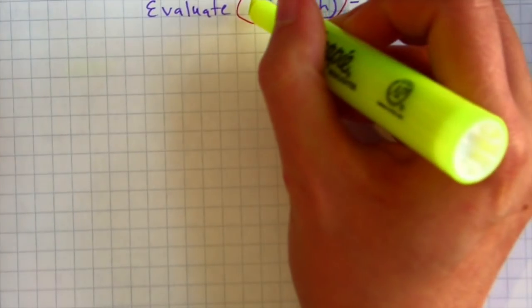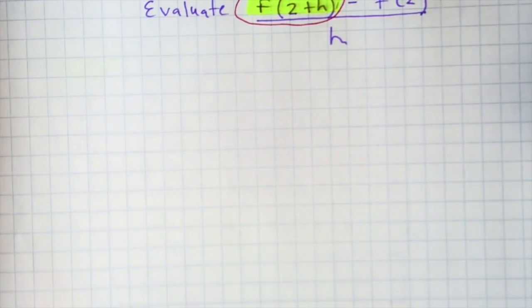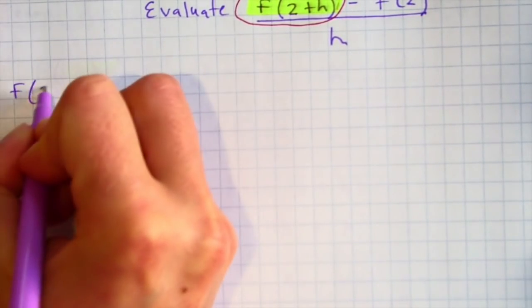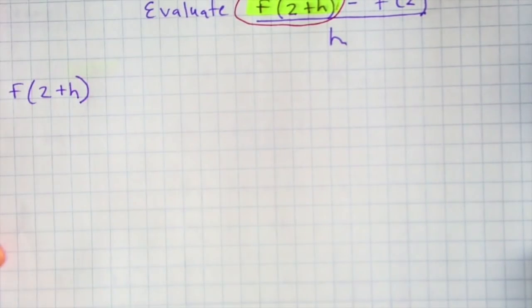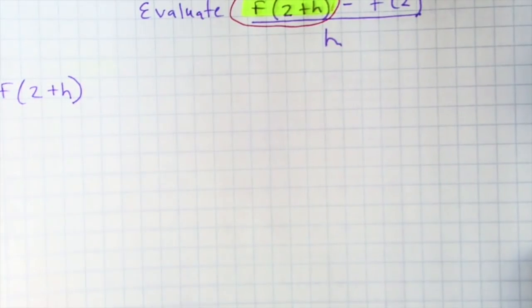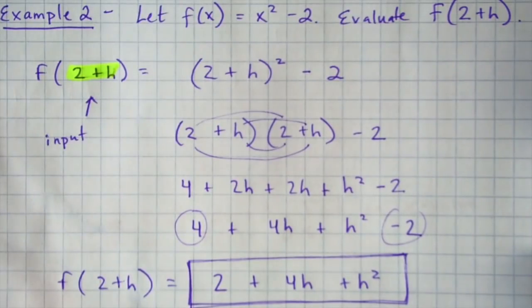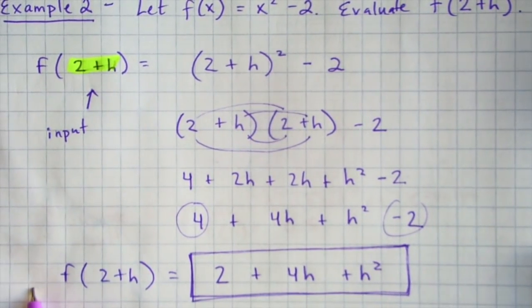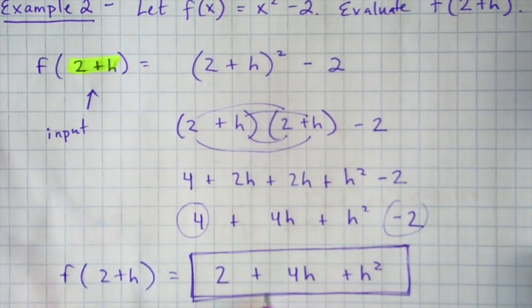So f of 2 plus h, what would that be? Well, we actually just computed it, so I'm not going to go through it again, but if you go back to example 2, f of 2 plus h for this function is 2 plus 4h plus h squared. So I'm just going to pull that information here since I already went through all the work. 2 plus 4h plus h squared.